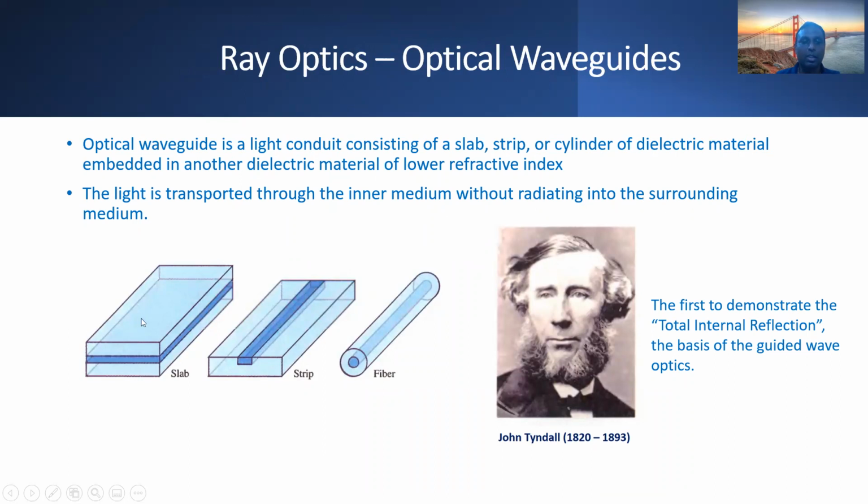We can see the slab in the picture, the dark blue here, is where the ray will be transmitted. The strip is here, and the cylindrical one here is an example of a fiber. John Tyndall was the first to demonstrate total internal reflection, and he formed the basis of guided wave optics.